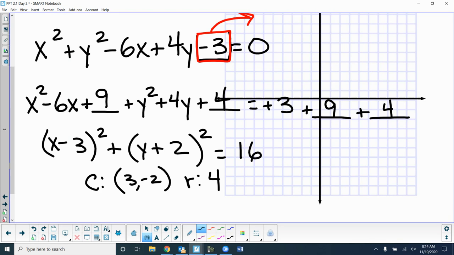You're not changing stuff. And then once you take half of b squared, so 6 divided by 2 is 3 squared, that's how we got the 9. 4 divided by 2 was 2 squared. That's how we got the 4. We can factor it so it looks like our circle formula, standard form.